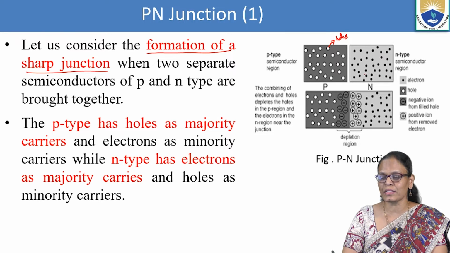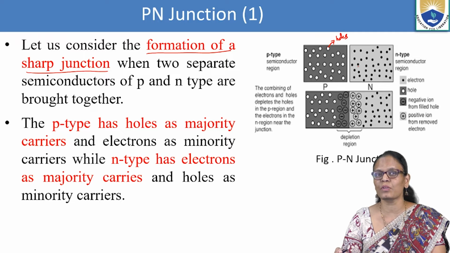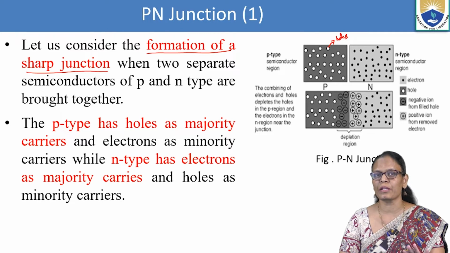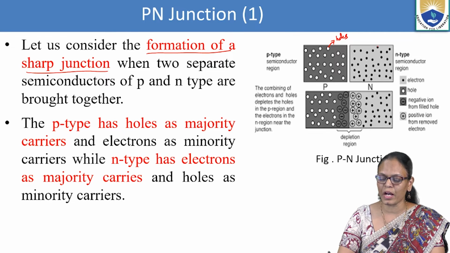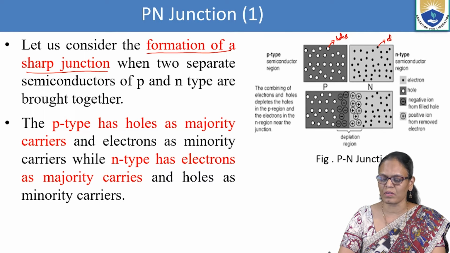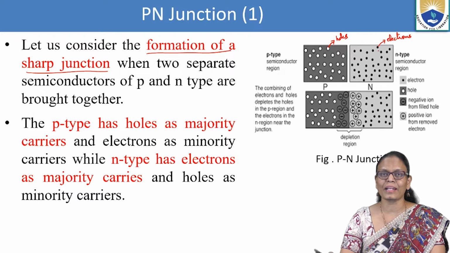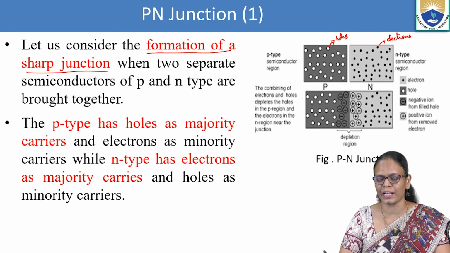When it comes to N-type, how do we get it? By doping with a pentavalent impurity, which means an impurity that has 5 valence electrons. When we dope with a pentavalent impurity, there are more electrons; for each atom that we dope, extra electrons are generated.